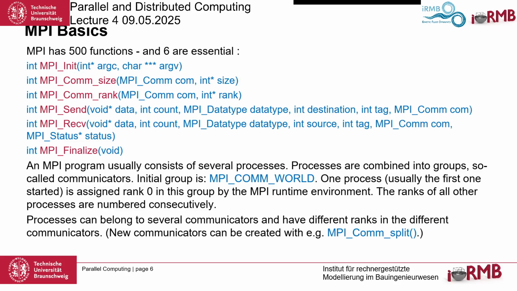So then getting stuff done, and this is now very minimal, is to actually send and receive stuff between processes. So these are actually the important things. How this works, we have an MPI send function that sends data, and the way this is done is to use a pointer to void for the data.